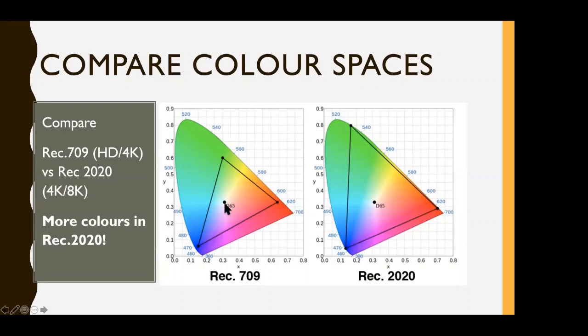When the triangle changes in Rec.2020, there's a little bit more blue and red, as the triangle edges move closer to the bottom of the diagram and a little closer to the sides. But it moves way closer to the top, so it captures a lot more green.